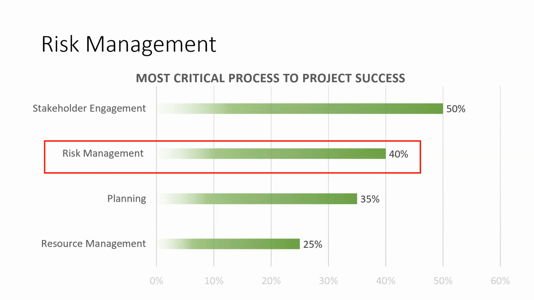So address the risk, neutralize it as much as possible, and then continue on with the progress of the project. But not properly managing your risk or having that risk management plan in place kind of leaves you out to the wolves, honestly. You don't have anything to go off of, and you won't know where to go once the risk has already happened. And that's when the contingency plan comes into play as well.